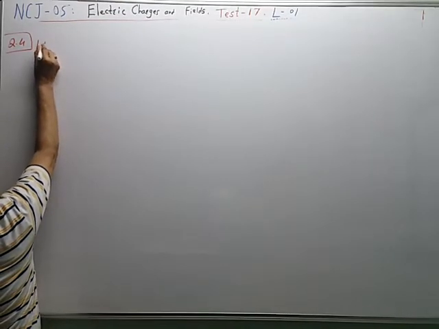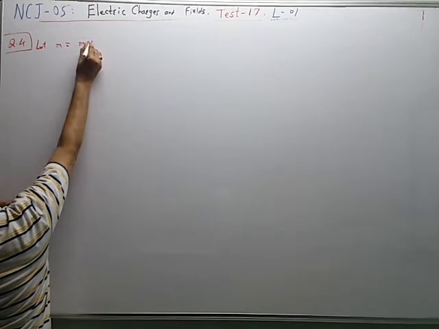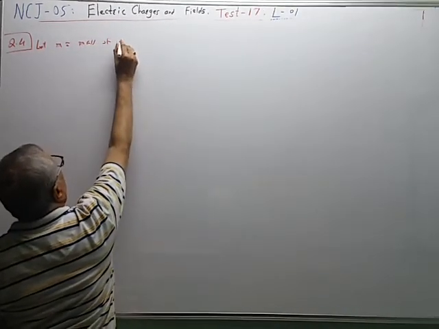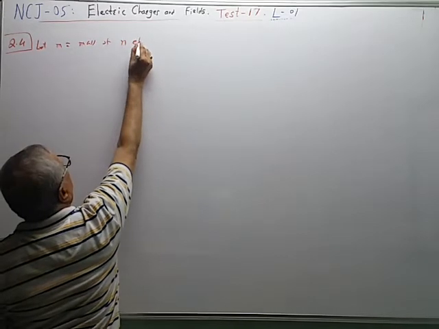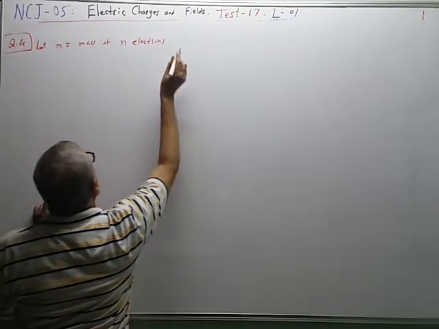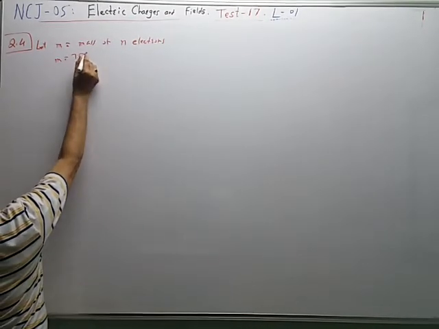Let m be the mass of n electrons. So m is equal to 75 kilogram.